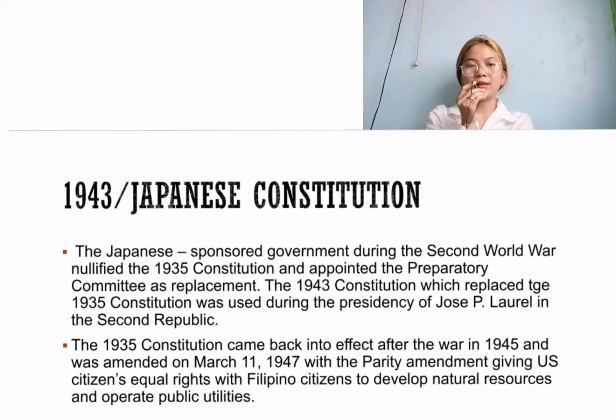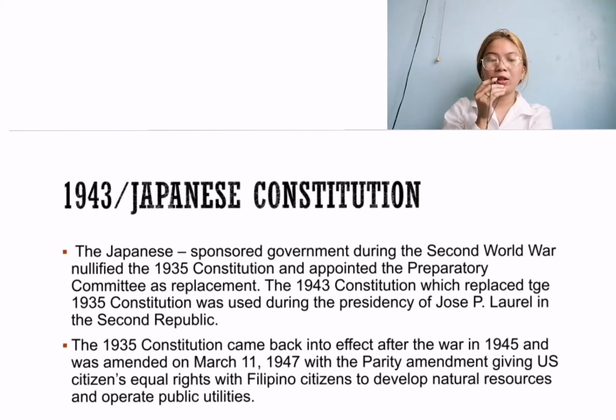So, may nag-exist na political organization or group during the Japanese occupation in the Philippines, and that is the Kalibapi or Kapisanan sa Paglilingkod sa Bagong Pilipinas. And that is the only political organization that was allowed during that time. The Kalibapi created a draft constitution and it was led by Jose P. Laurel.